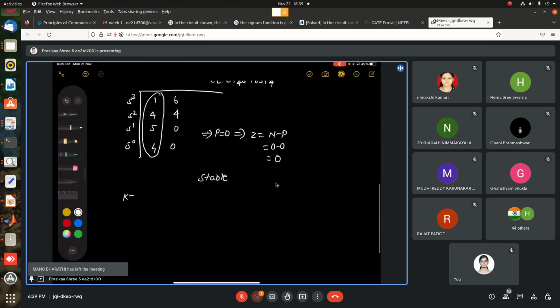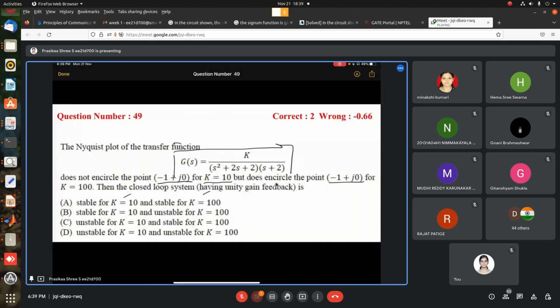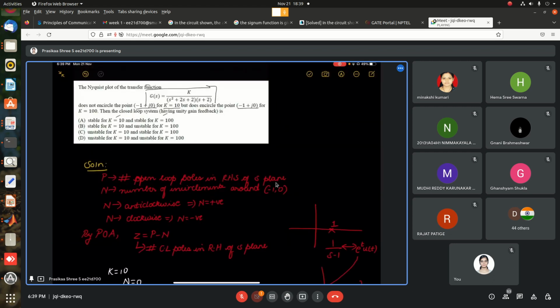Whereas for K equal to 100, what is in the question? Okay, for K equal to 100, it is encircling.